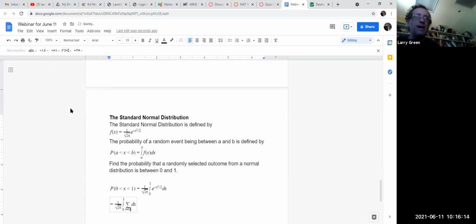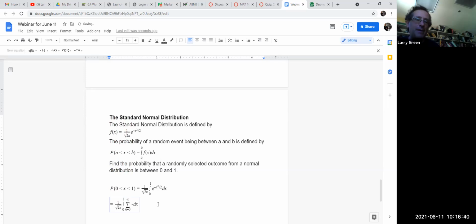So I can rewrite e to the negative x squared over 2 as a summation n equals 0 to infinity. Remember, e to the x is the sum of x to the n over n factorial, but we have e to the negative x squared over 2, so we just adjust, substitute basically.